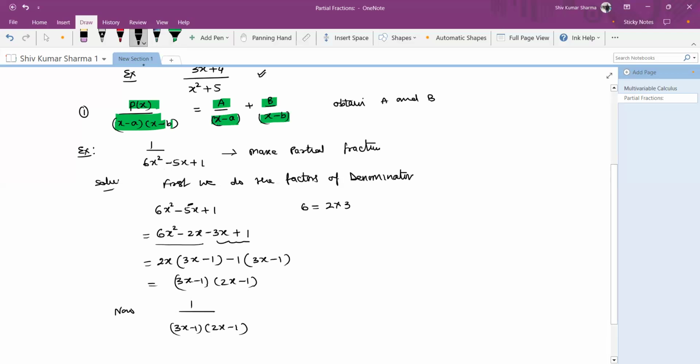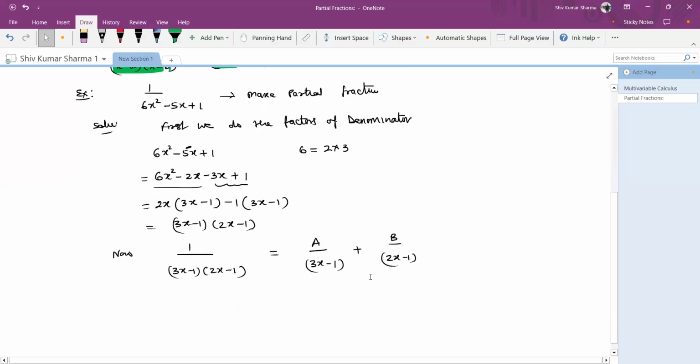Now we write down the factors of this function in this form: a upon 3x minus 1 plus b upon the second factor. Now how do we solve this for calculating a and b?